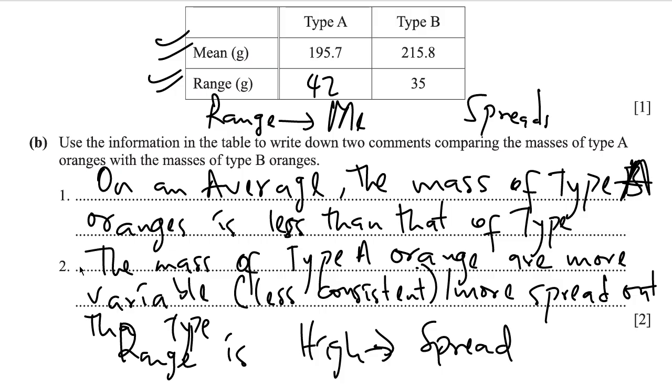So the second point is the fact that there is variability, there is spread, there is less consistency, right? So we have 42, in this case 35.